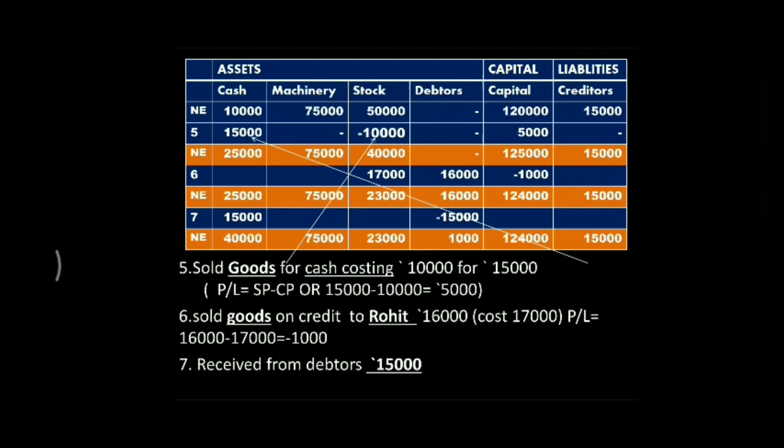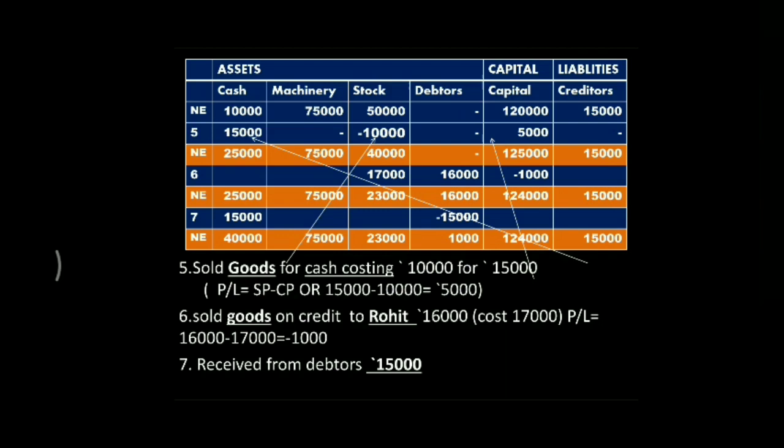Whenever there is a sale, always calculate profit or loss using the simple formula of selling price minus cost price. Here selling price is 15,000, cost price is 10,000, so overall the business has earned a profit of 5,000. Whatever profit the business has earned belongs to the owner, so we will increase the capital by 5,000.